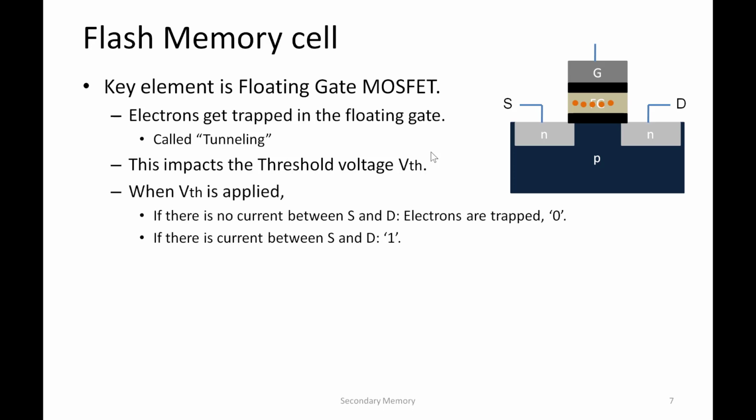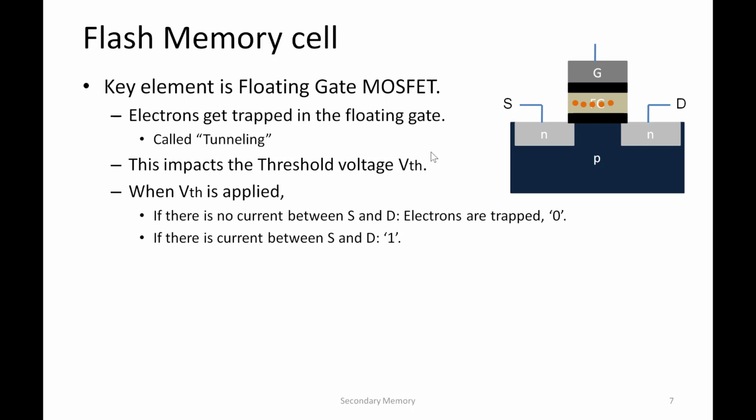Now when we apply the standard threshold voltage, if there is a current flow between the source and drain terminals, then we would say that the floating gate has no electrons trapped in it, so we would interpret it as 1.